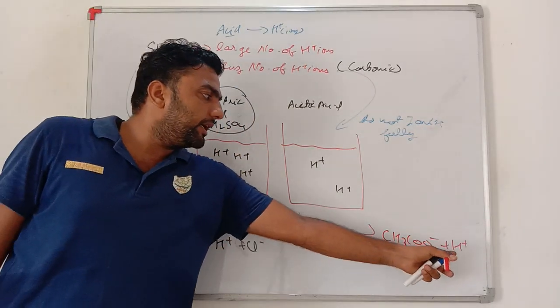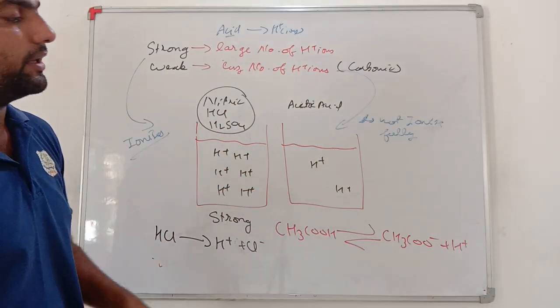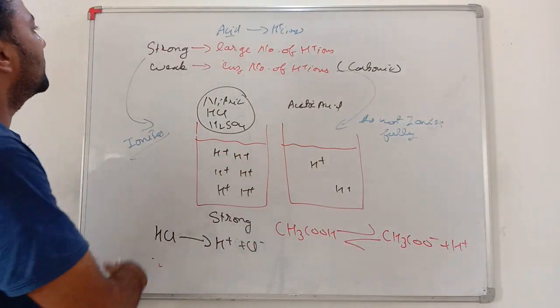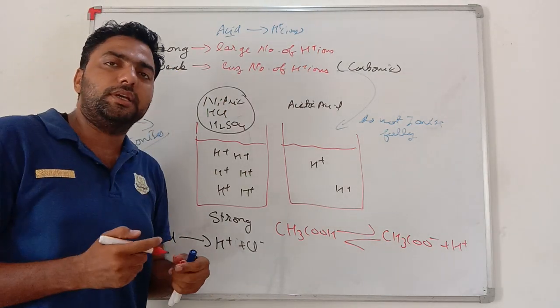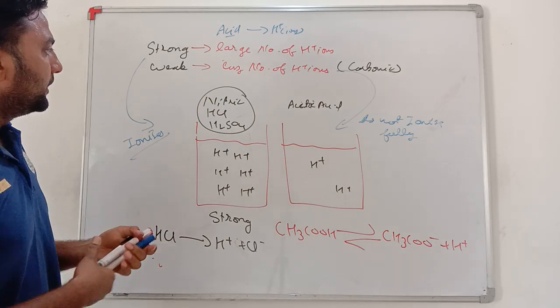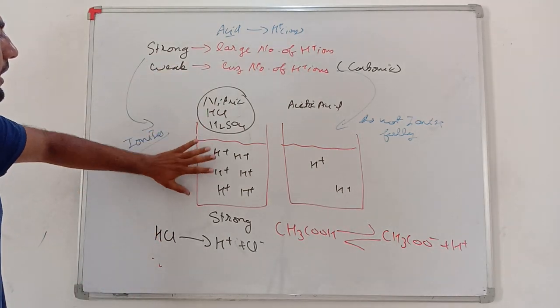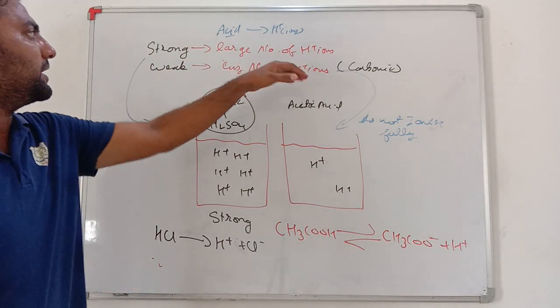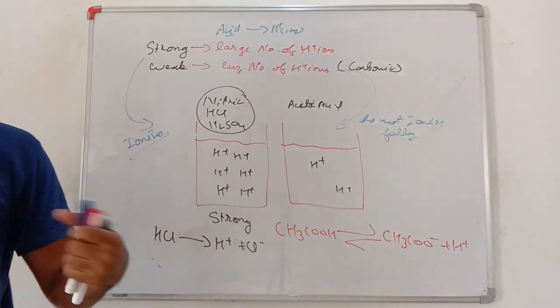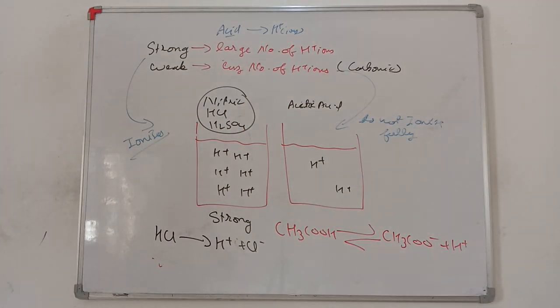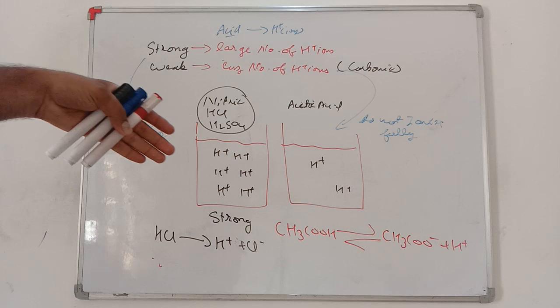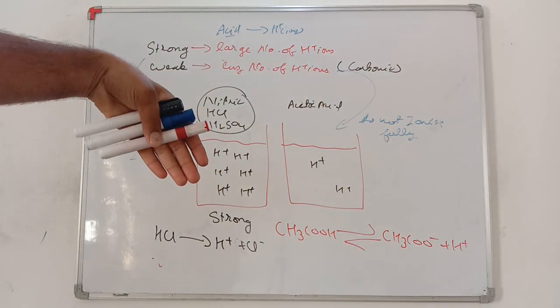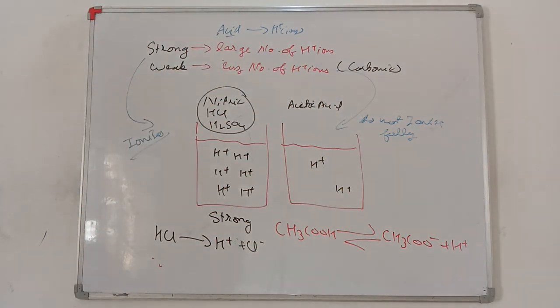The reason is that we are getting very less H plus ions. So strong acid and weak acid is a category based on the strength of the acid, and very important: in strong acids we are getting a large number of H plus ions, and in weak acids we are getting a less number of H plus ions. The reason is that one is ionizing partially, and one is ionizing fully, completely.